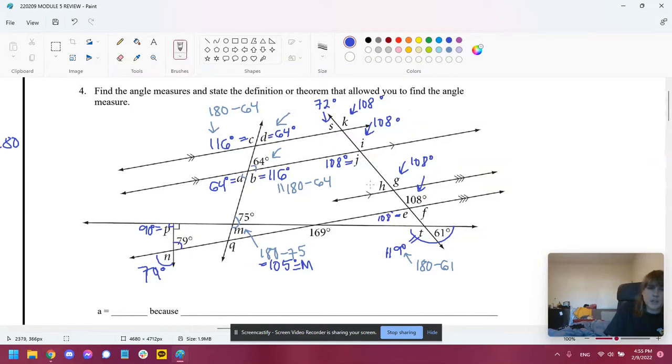Oh, I mentioned H is right next to it, so that's going to be 72 as well. And then I think the only one left is Q. Q, hilariously, is this line is parallel to this line, which is parallel to this line. So B and Q are corresponding. So they're going to be the same thing, 116.